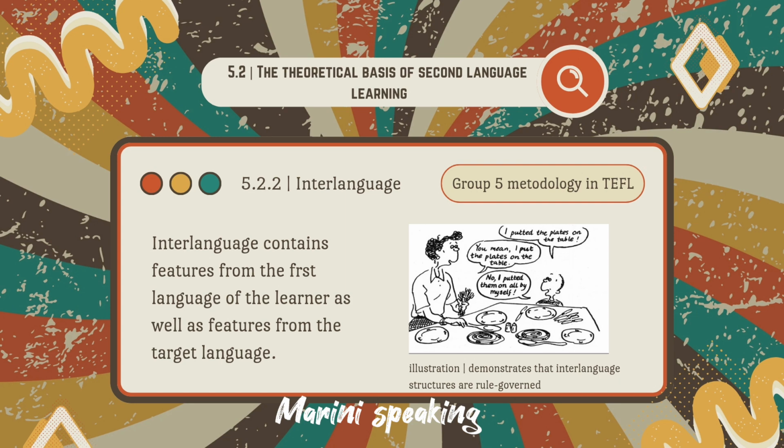Interlanguage posits that learners are involved in a constructive process of hypothesis formulation and testing. A new element of the L2 is acquired, and the language is tested and assessed. L2 items are also constructed through analogy with items and rules already known.